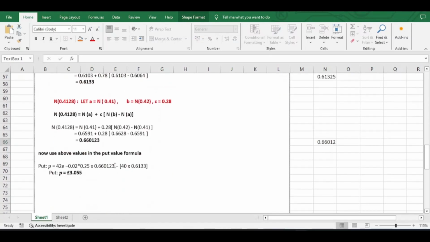So you plug in these values, which are the probability of ND2 and the probability of ND1. Calculate these values using your calculator and you find the value of a put option, which is 3.055.